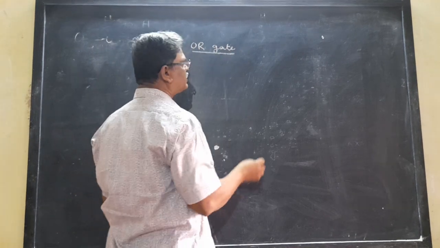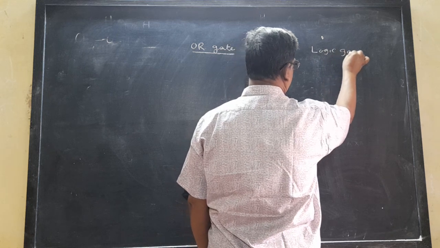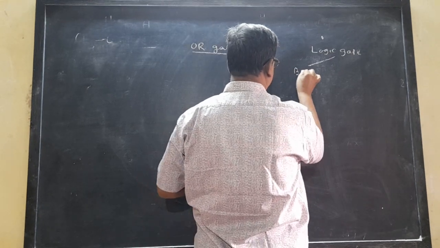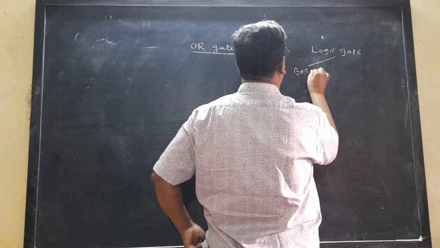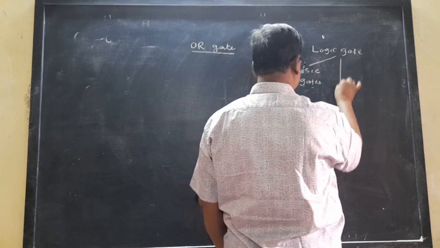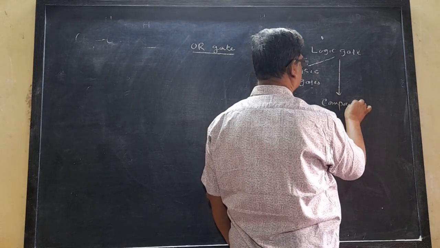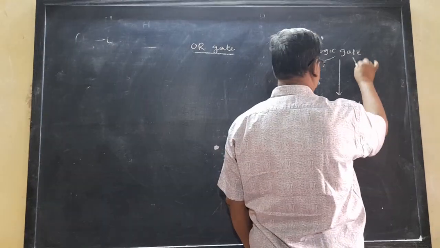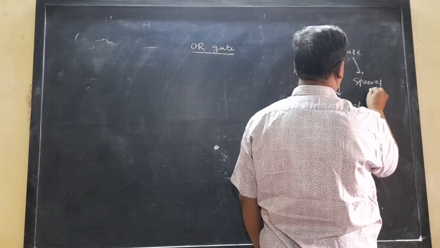Logic gates are of three types: one is basic gates, another is compound gate or composite gate, and another is the special gate.